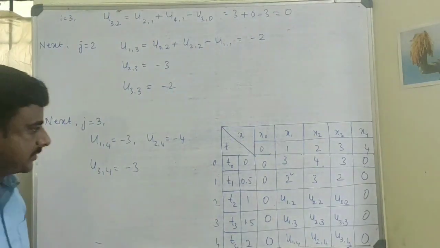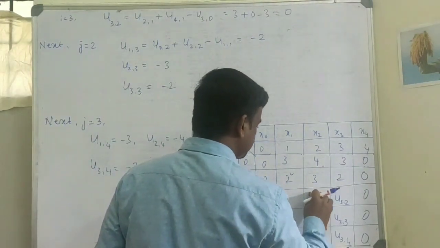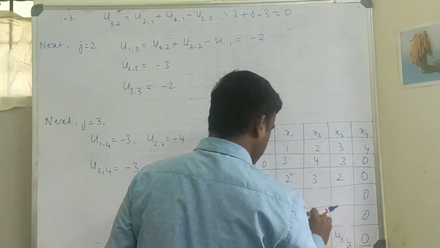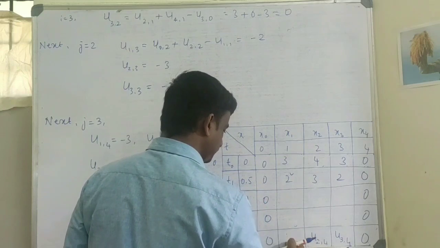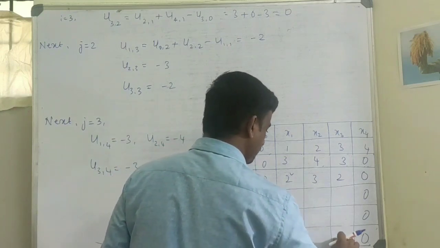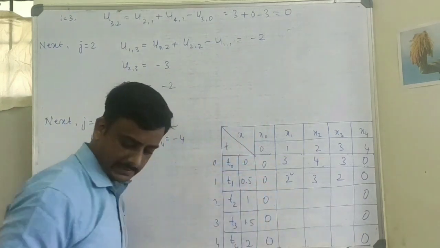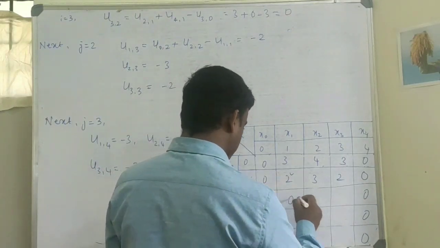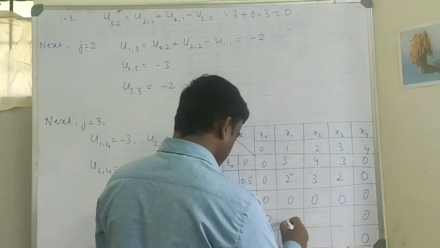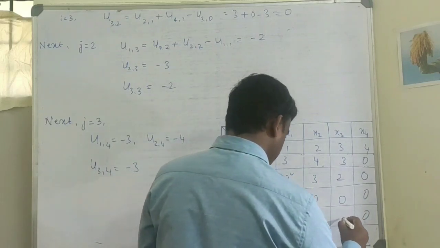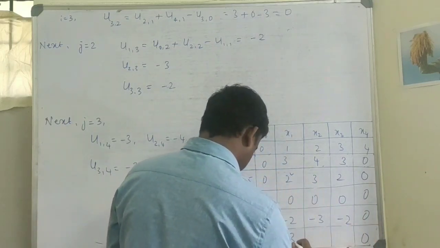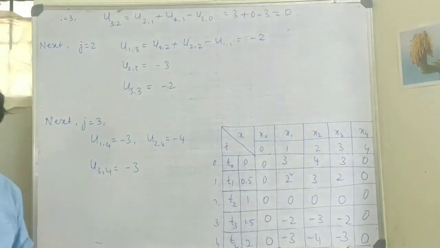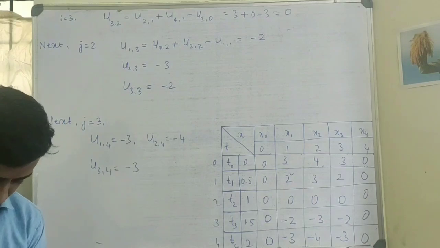Now writing these values, we have the table: 0 0 0 here, minus 2 minus 3 minus 2, minus 3 minus 4 minus 3. So this is the required solution.